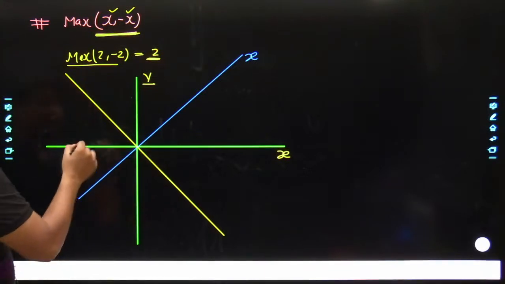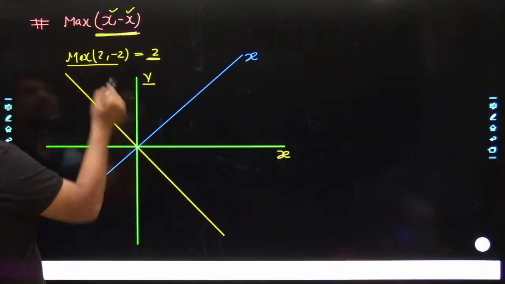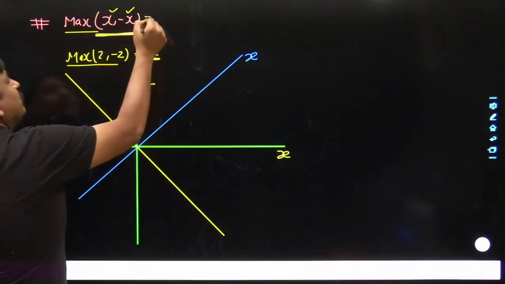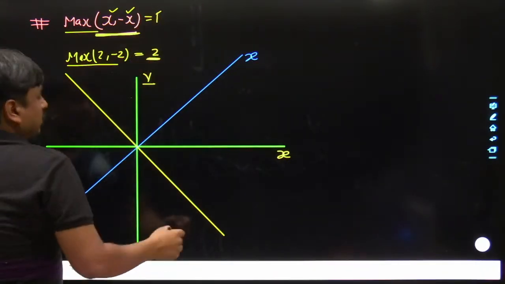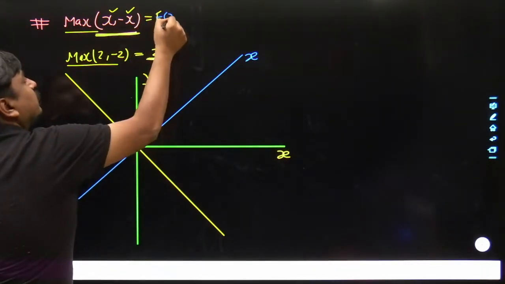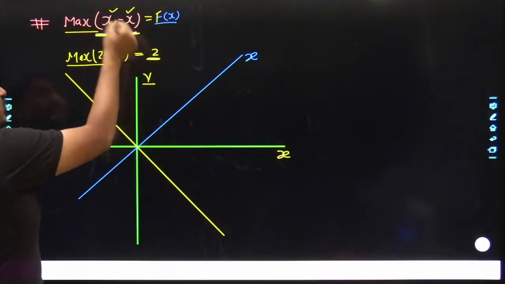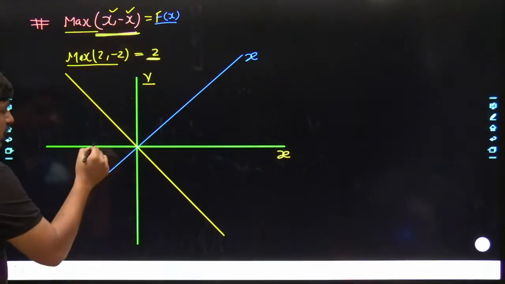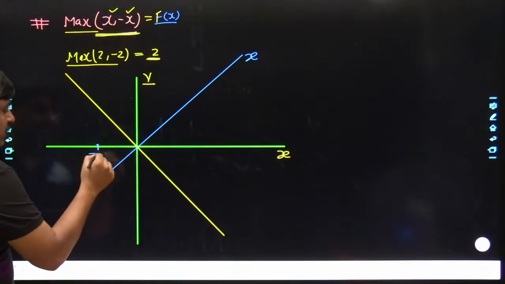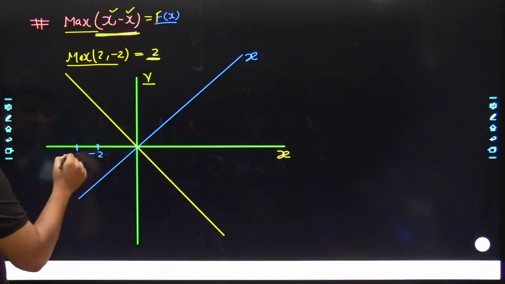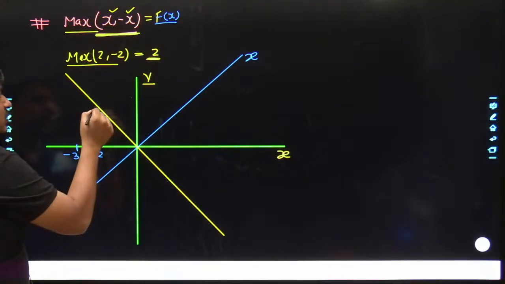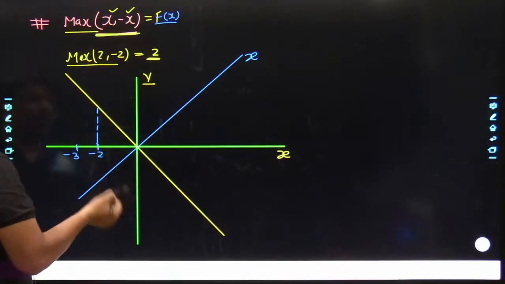At any moment of x, the value of the function, which has been defined as the maxima between the two functions, x as well as minus of x. So may I know at x equal to, let's take, minus 2. What would be the value if I take the reference of minus of x?